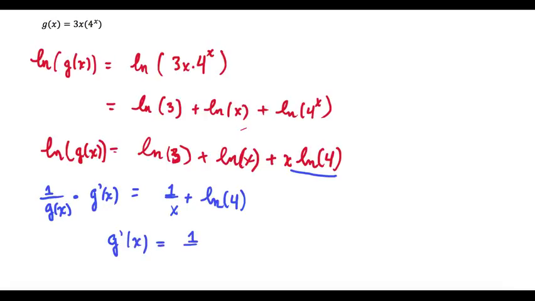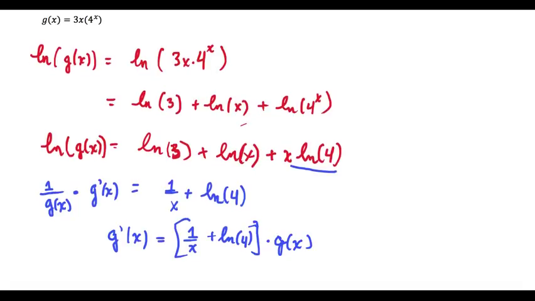So I get 1 over x plus the natural log of 4 multiplied by g of x. But we already know what g of x is. g of x is this expression right here, so we can simply make the substitution.